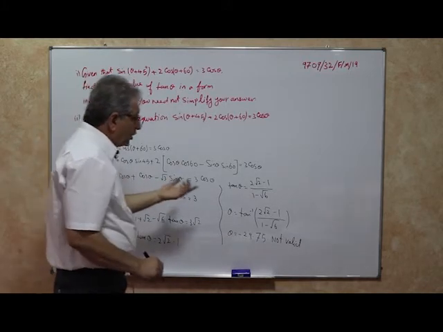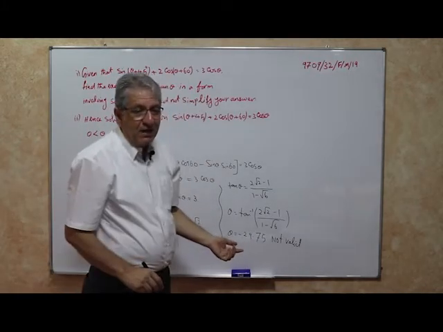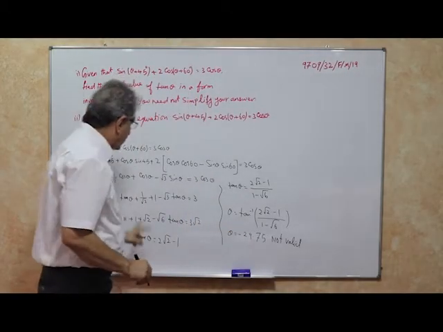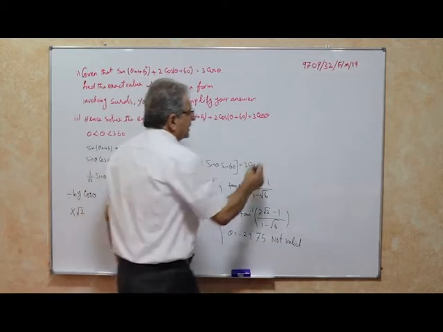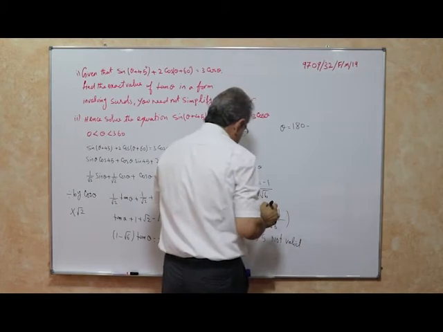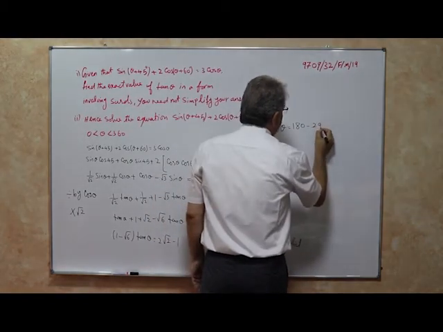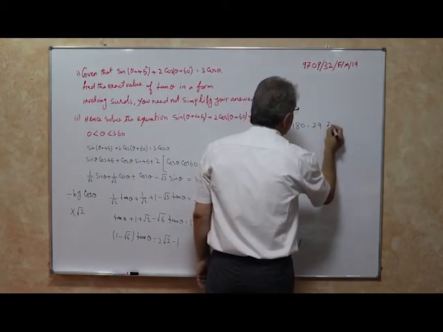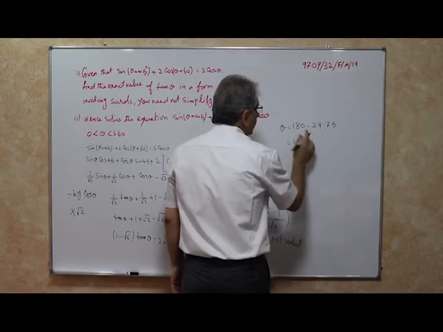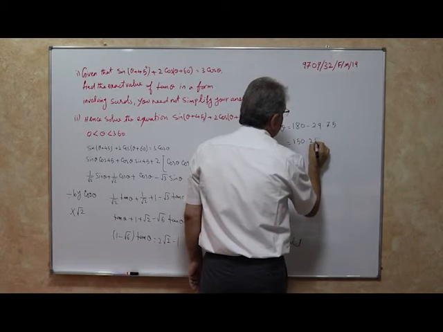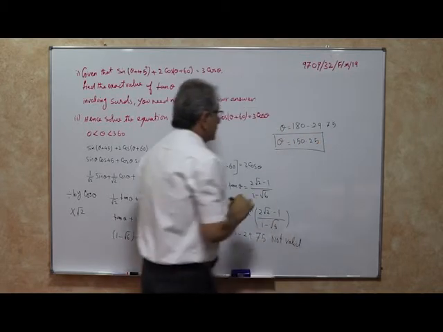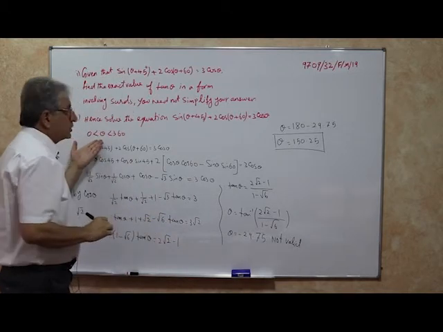Now, what to do? You know that you can add 180 to any angle and the tan doesn't change. Therefore the next answer is 180 minus 29.75, which is 150.25. This is one of our answers, which falls in this range.